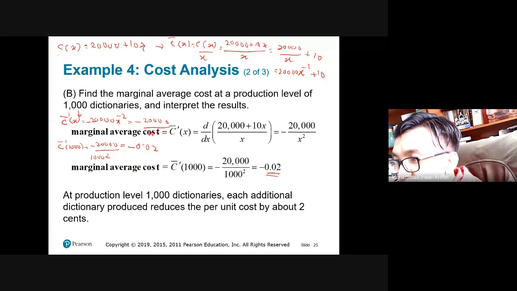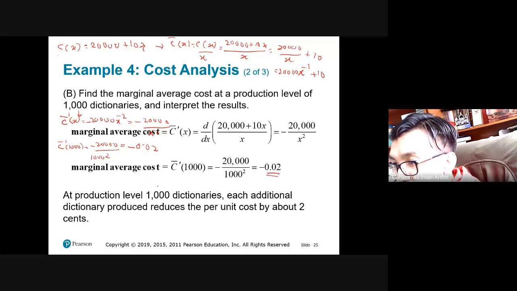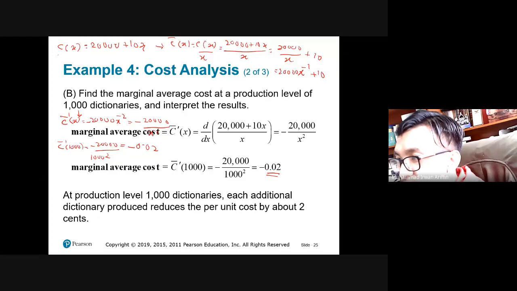So how do we interpret this? When we already produce 1,000 dictionaries, each additional dictionary that we produce will reduce our average cost, or our per unit cost, by about 2 cents. In economics, usually when we do mass production, when we produce more, the share of cost for each additional unit will go down.